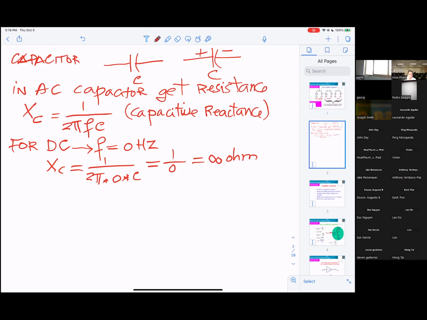Right? You can say 10 ohm, 10 kilo ohm, 10,000 ohm. The only thing I can say is infinity ohm. No number can be bigger.